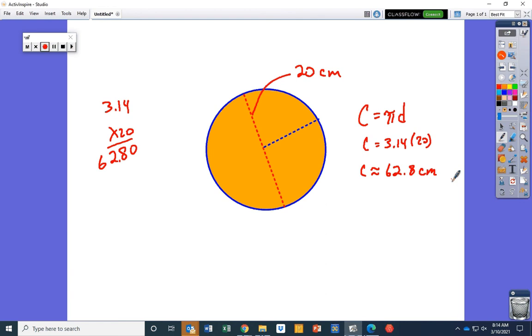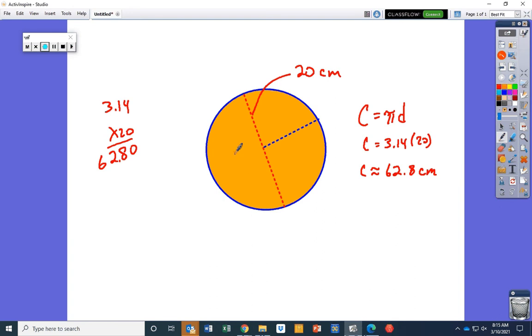Question, Joel. How do you know if you're using pi times d or the other one? It depends on what you're given in your problem. If you are given a diameter, then you use pi times diameter. If you're given a radius, then you use the one with the radius. Does that make sense? How do you know when it's a radius or a diameter?